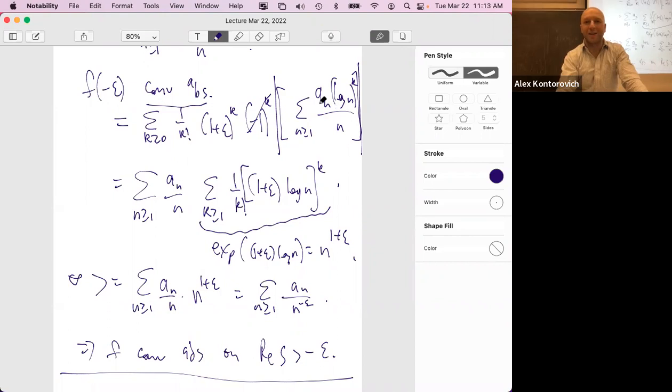Everything is non-negative, so I can drop the absolute values and reverse orders. But then we use that the a_n are positive again at the very end, to say that that sum is the sum in absolute value. We're also checking the absolute value of n to the minus epsilon plus it in the denominator.